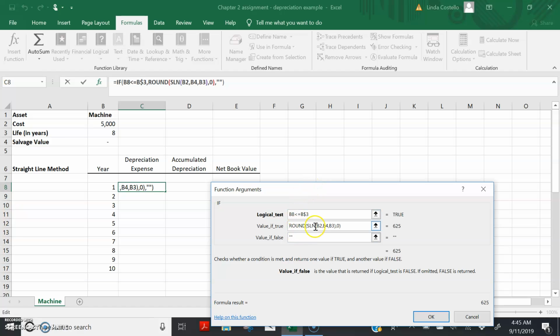Make sure that we have all of our cell references in B2 through 4 fixed references. So I need to fix B2 with a $ sign, B4 with a $ sign, B3 with a $ sign, and say OK.